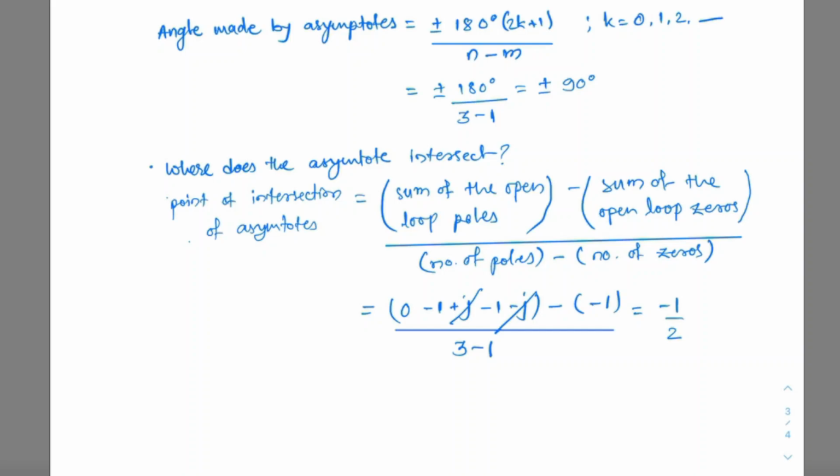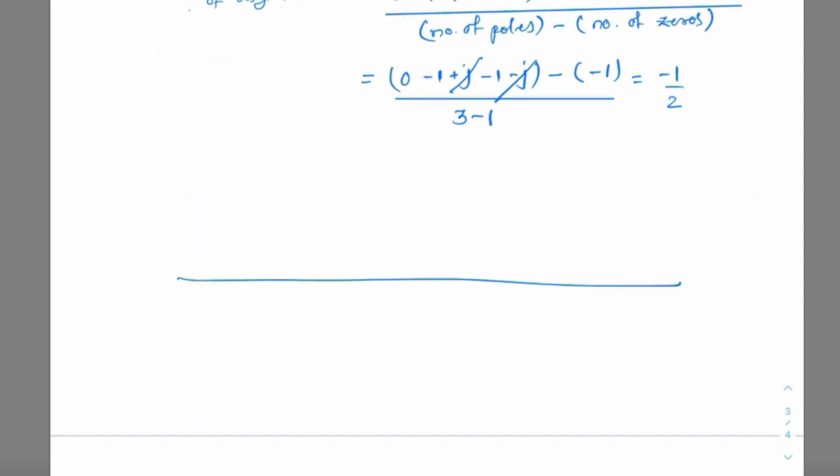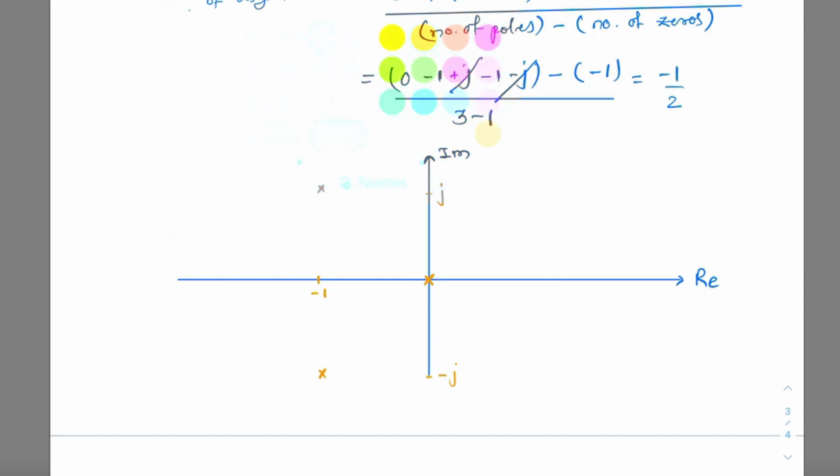So now let us draw our root locus one more time. We are building our root locus step by step, and now let's put out all the information we have. So this is minus 1, this is j, and this is minus j. We had a pole here, a pole here, and a zero here.